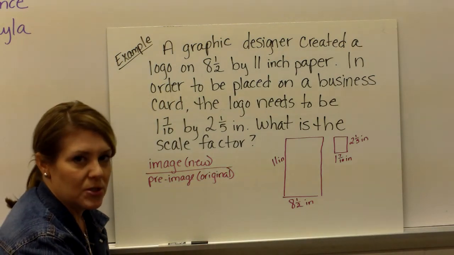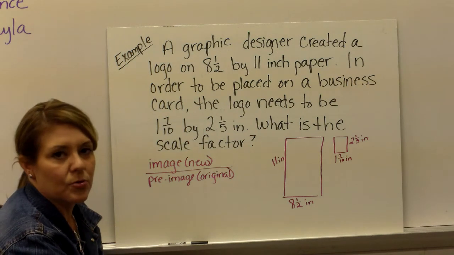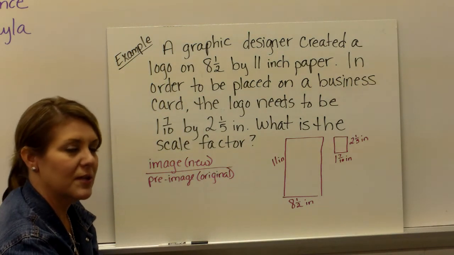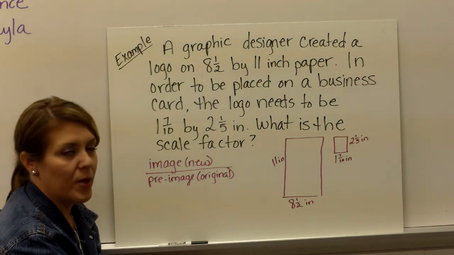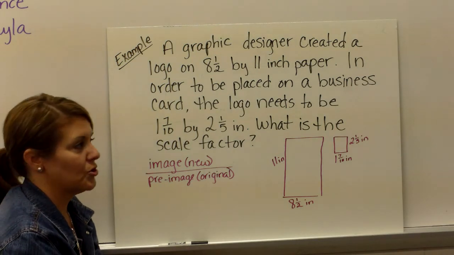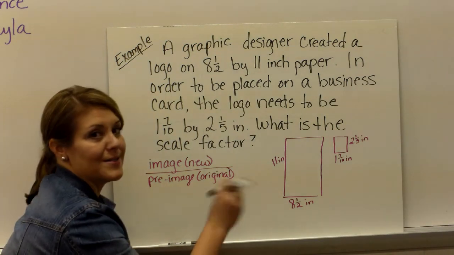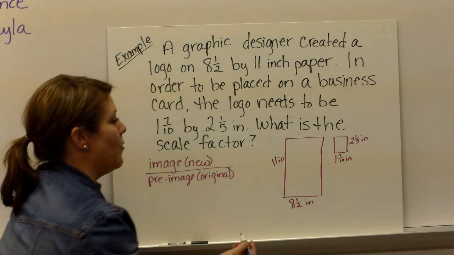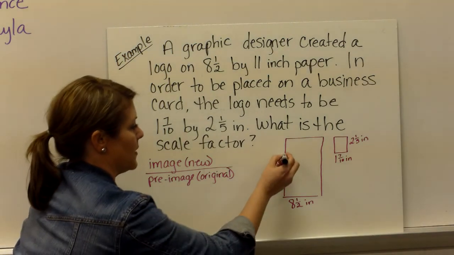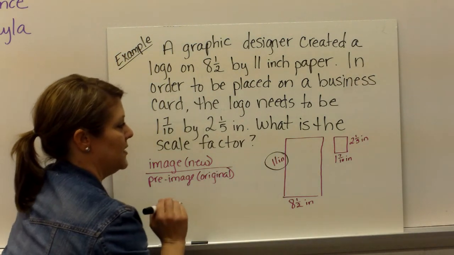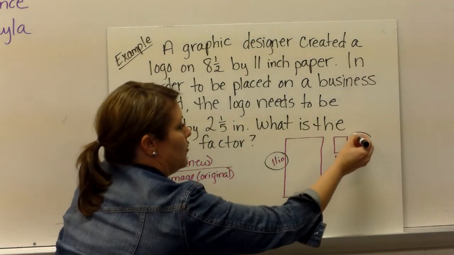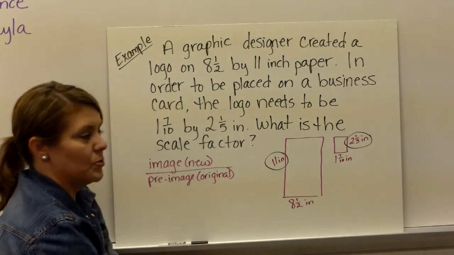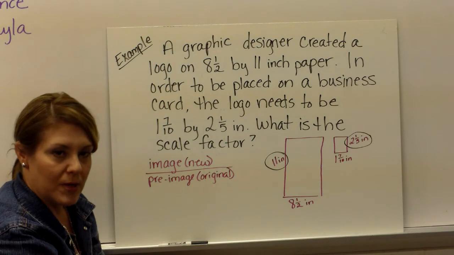So in this situation, pick either your length or your width. So you can compare the lengths or you can compare the widths, but make sure that you're comparing corresponding sides. For instance, if I want to compare 11 inches, I would want to make sure that that 2 1/5 inches is in my ratio.